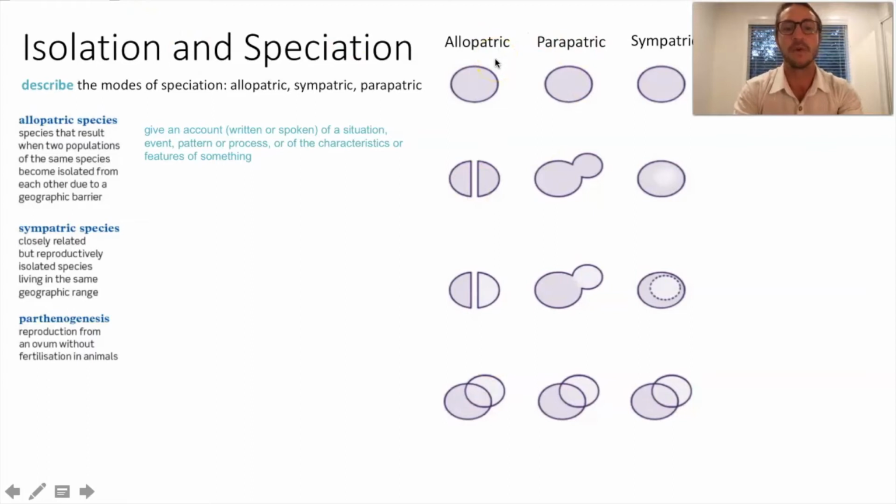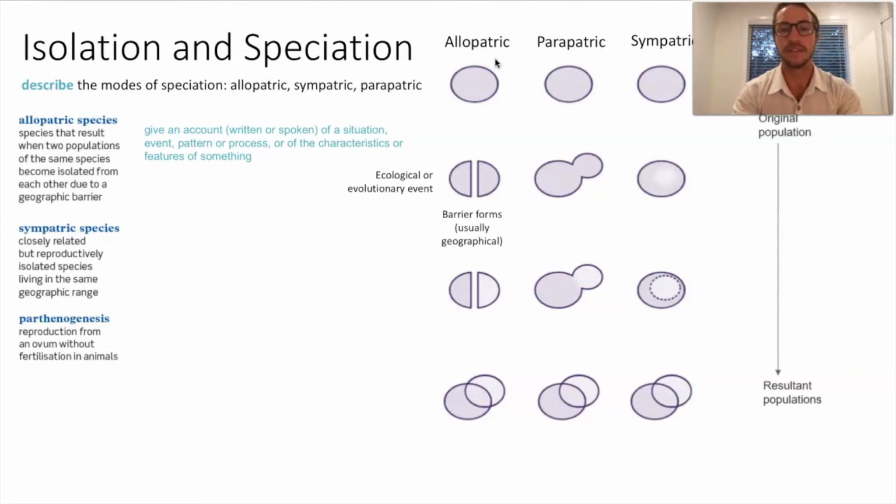And here there is always an ecological or an evolutionary event. So that could be a physical barrier that forms, and it's usually geographical. We will look at some contextual examples after these theoretical explanations. But there's a physical barrier, and that separates the two, and in doing so, maybe one retains its form, but the other adapts to its new environment.